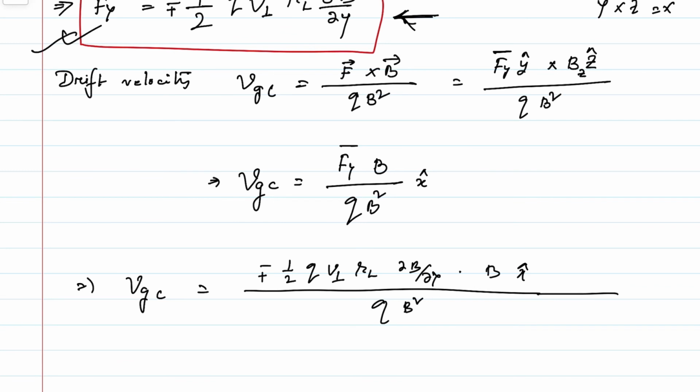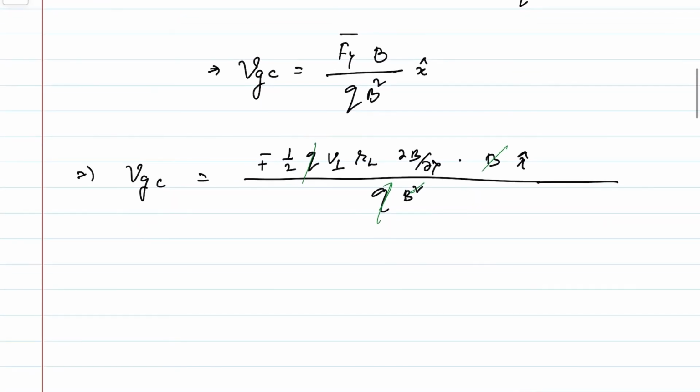Here q will be cancelled, and this square is cancelled by this B, then you will get the expression of v_gc, that is minus plus v perpendicular rl del B by del y divided by twice B, along x cap, isn't it?